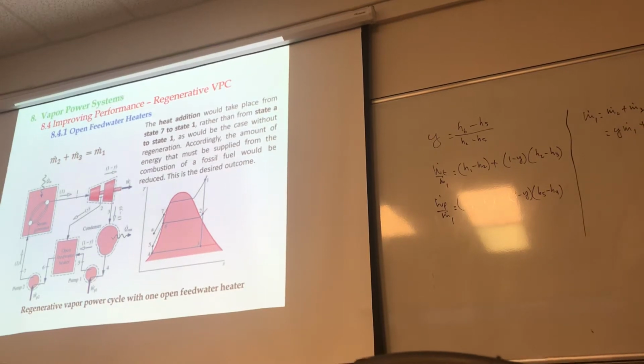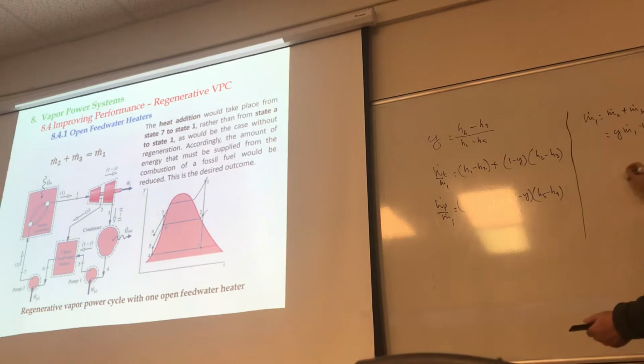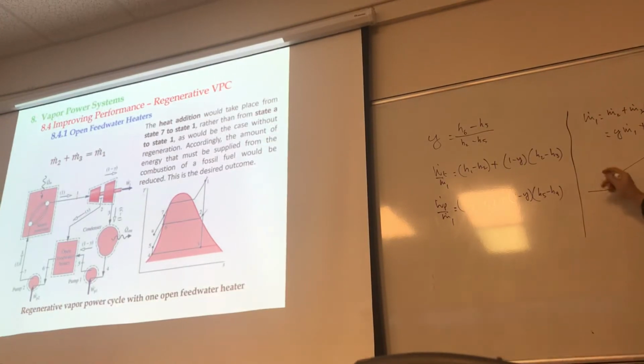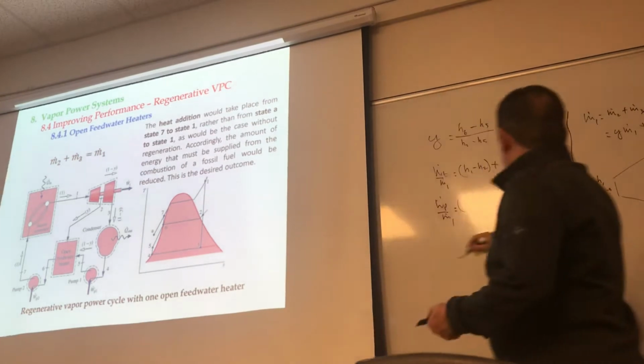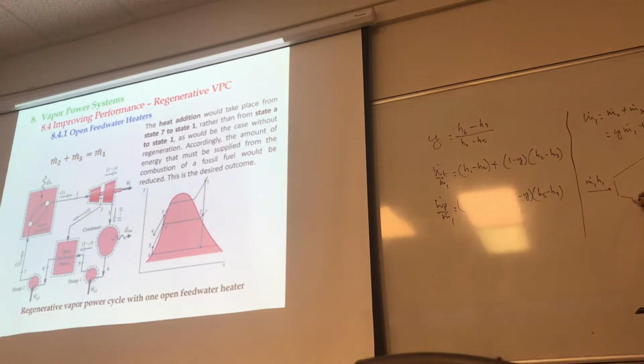If you look at the two-stage turbines now, how much enthalpy is coming into the system? Isn't it true that it's m dot 1 times h1? Because that's h1 here. And then how much is going through the first one here?